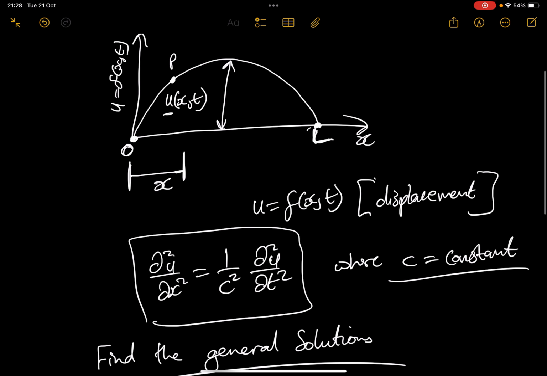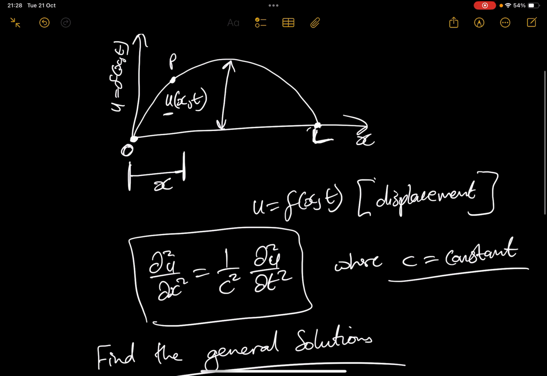If it doesn't hold, we look at another case. The first boundary condition says when x is 0, at any time t, the displacement is going to be 0, which means this is the fixed point, the first fixed point.